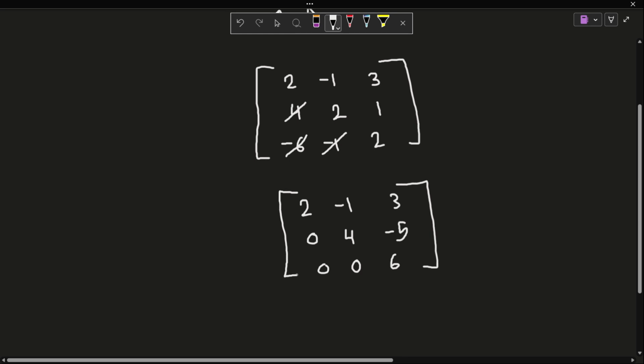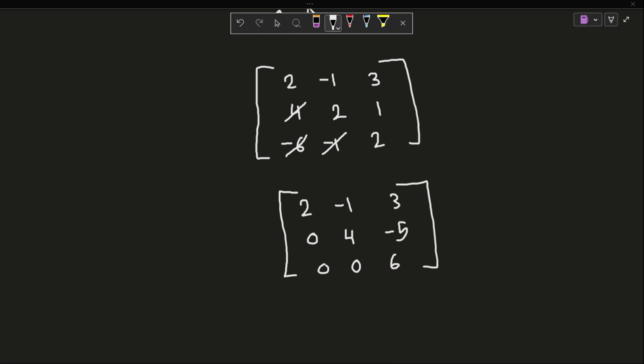As you can see, this is upper triangular. If a square matrix A can be reduced into an upper triangular matrix by using only the third type, then that means we can find the LU decomposition.